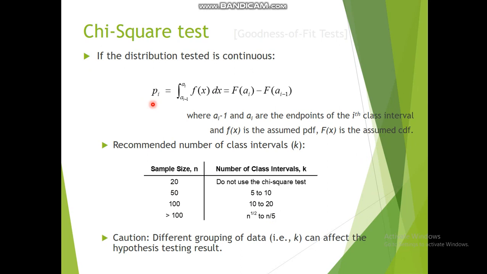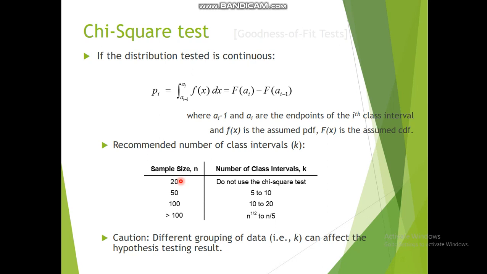For particular sample sizes n: if the sample size is 20, or very small, do not use the chi-square test. If the sample size is 50, the number of class intervals k is 5 to 10.